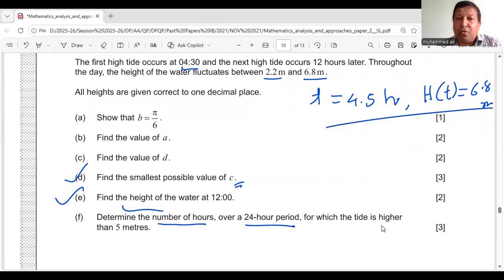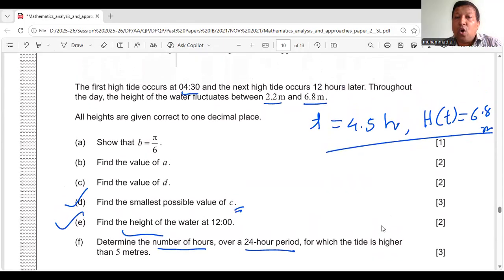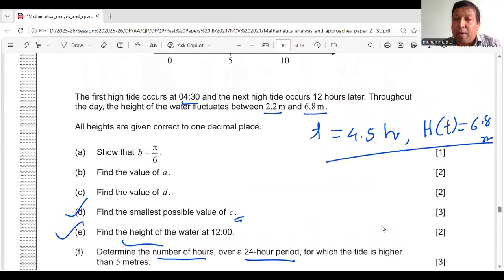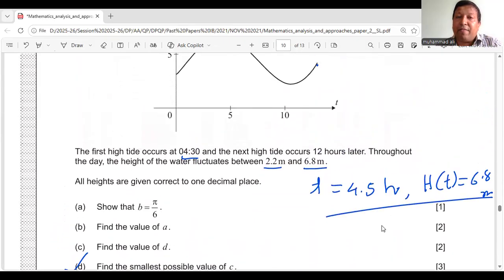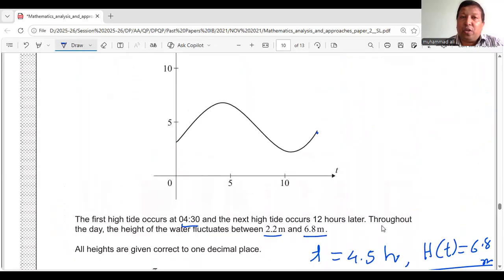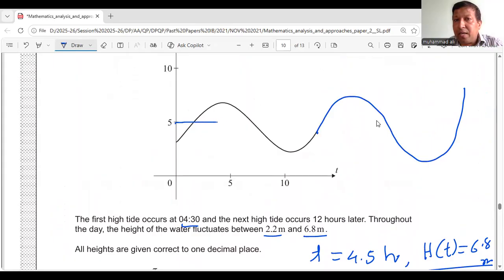We want to find out, determine the number of hours over a 24-hour period for which the tide is higher than 5 meters. So if this curve is like this, this is like 5 meters.